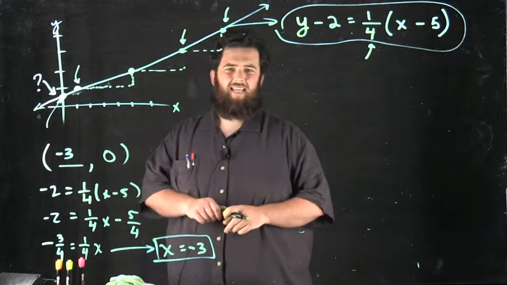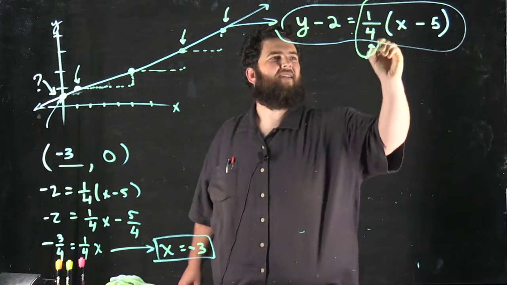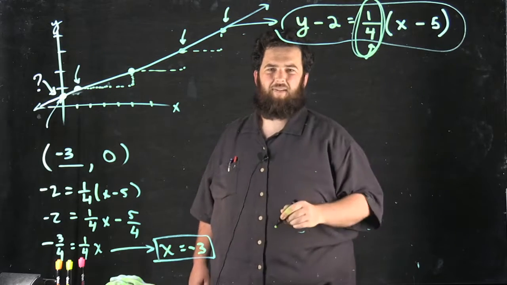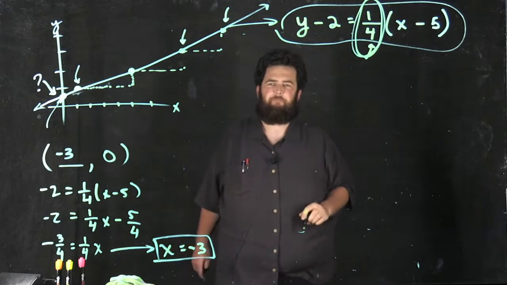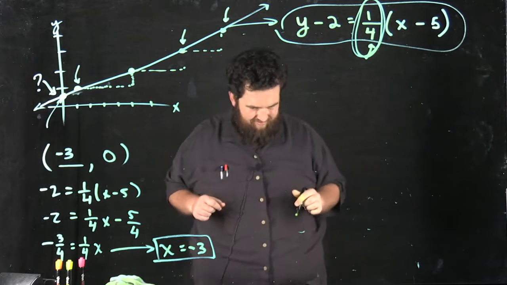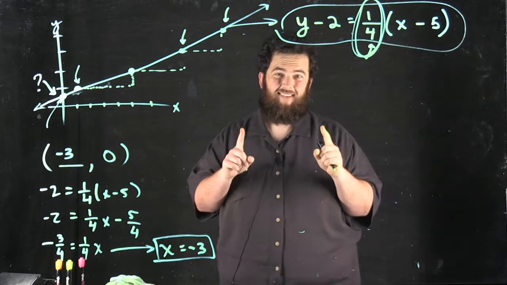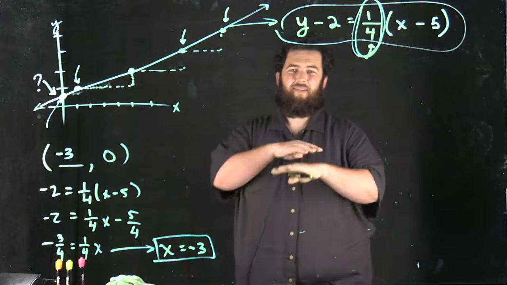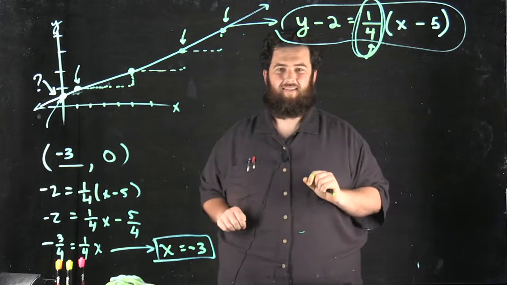I'll give you a hint. It has a lot to do with our buddy slope here. Think of the one case where this line will not go through the x-axis.